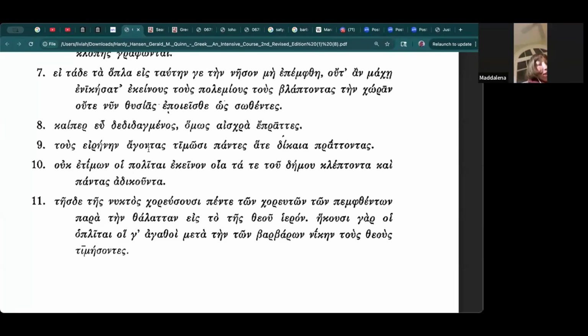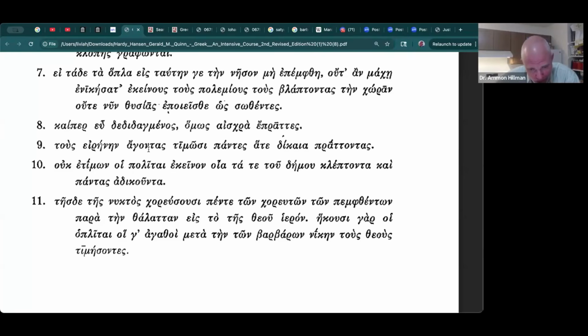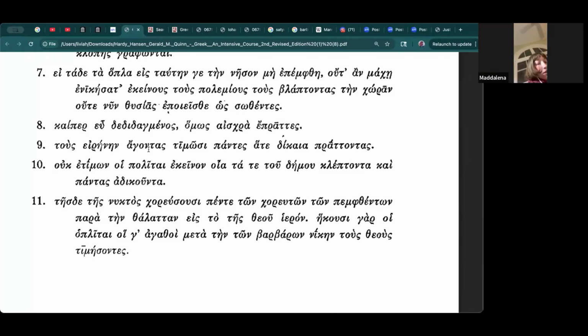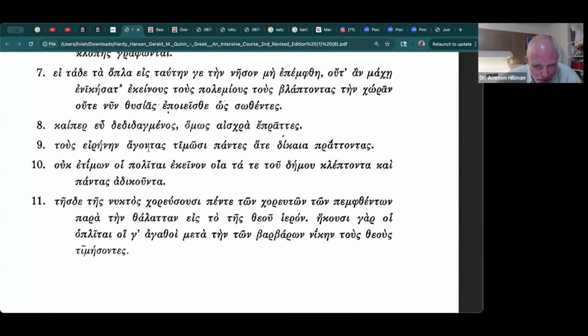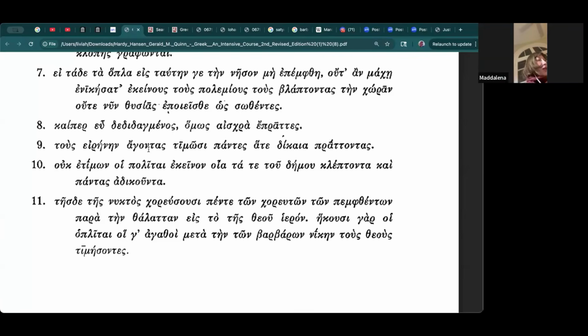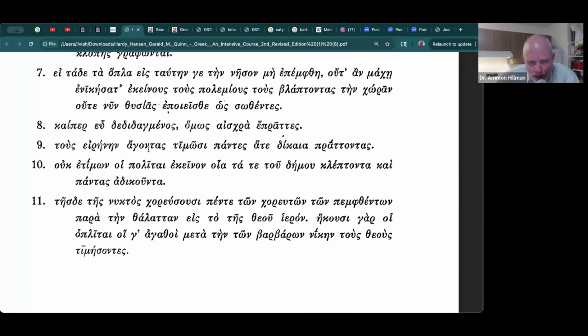So dikaya can be a nominative plural or accusative plural. That's true. It can be the subject or the object. So let's just hold on. What do we do with the pratontas? It's a participle, right?